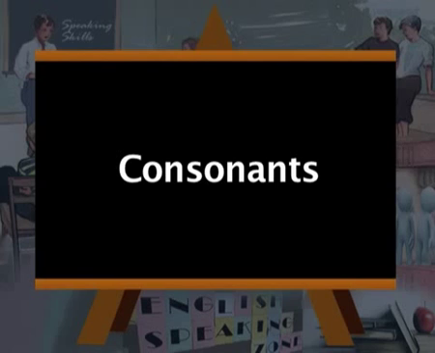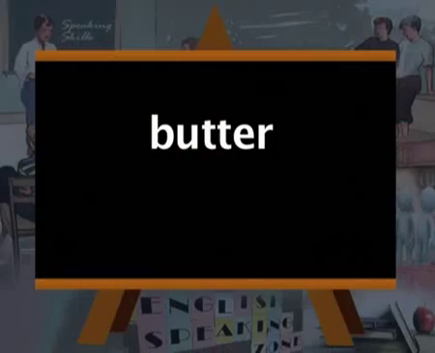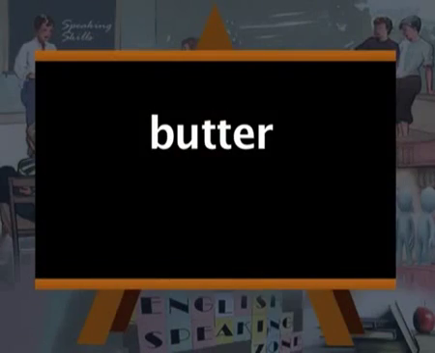The other rule that you have to keep in mind about English consonants is not prolonging or geminating these consonant sounds when they come in the middle of a word, even though you see double letters in the spelling. B-U-T-T-E-R.